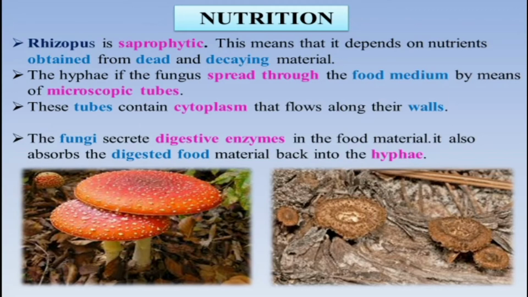The fungi secrete digestive enzymes in the food material and also absorb the digested food material back into the hyphae. So the hyphae secrete digestive enzymes onto the food, and the digested food is absorbed by the hyphae and carried to the entire body of the fungus.